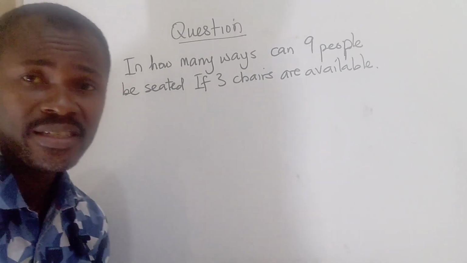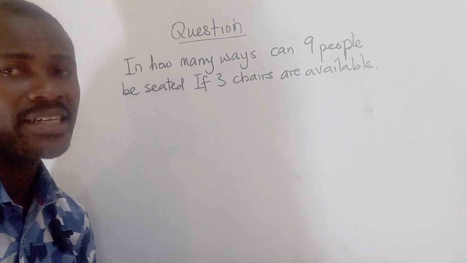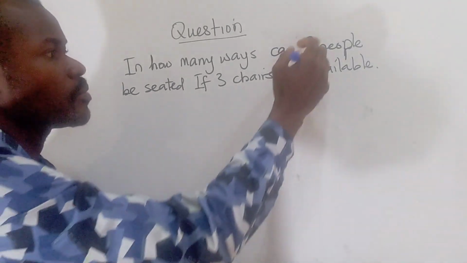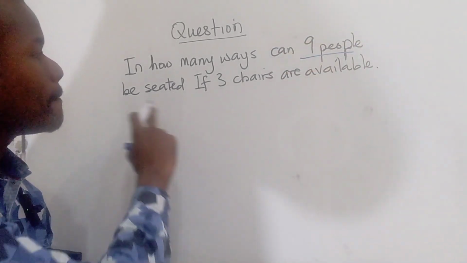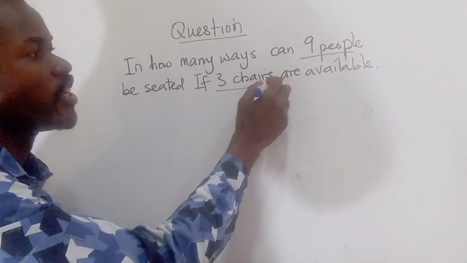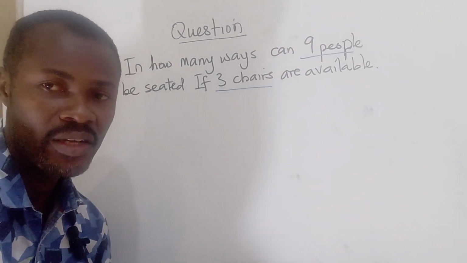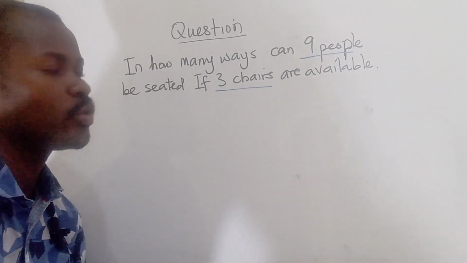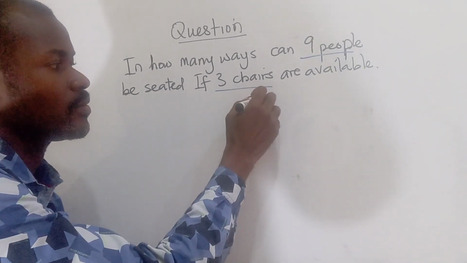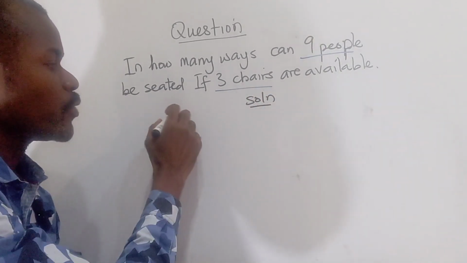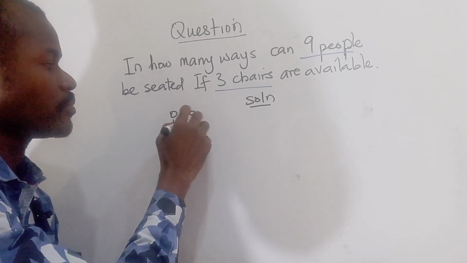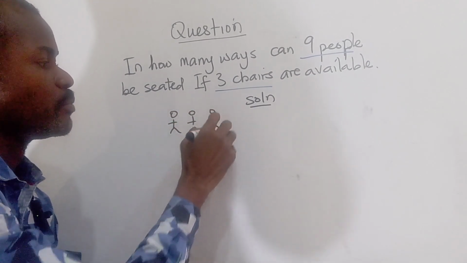Now the question reads: in how many ways can 9 people be seated if 3 chairs are available? Now I'm going to give a quick illustration so that we can use that understanding to solve this. Let's say we have 3 people instead of 9 people.